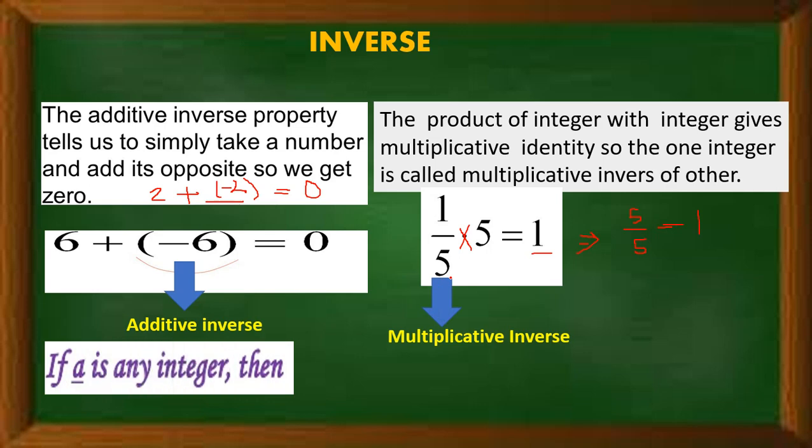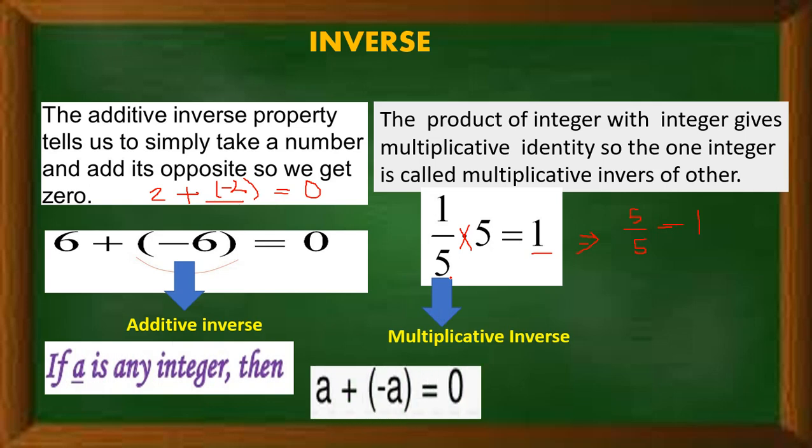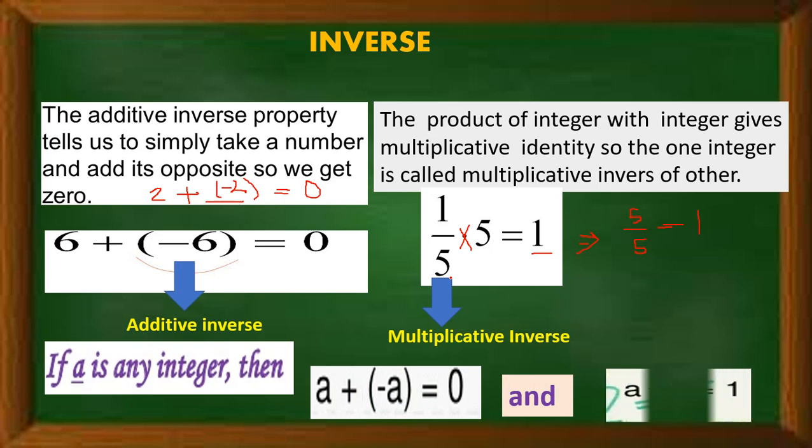So this inverse property says if we have any integer a, then a plus minus a is equal to 0 and a into 1 upon a is equal to 1. Here a is the additive inverse of minus a, and minus a is the additive inverse of a.